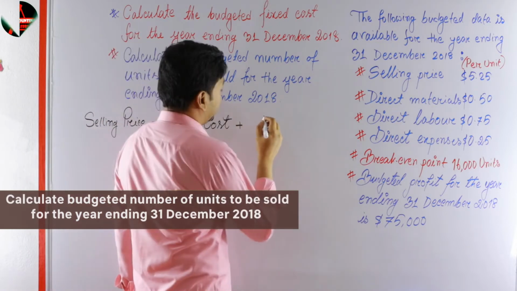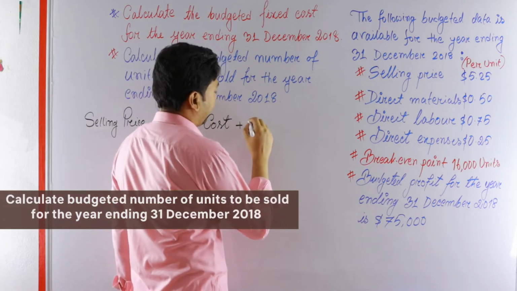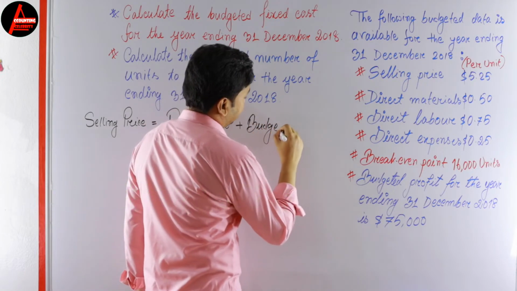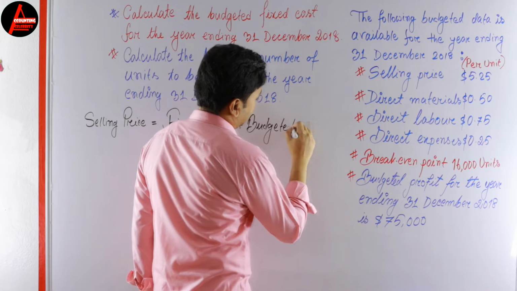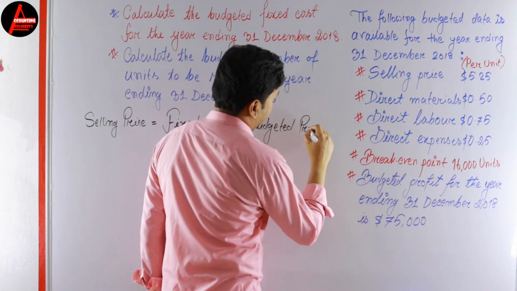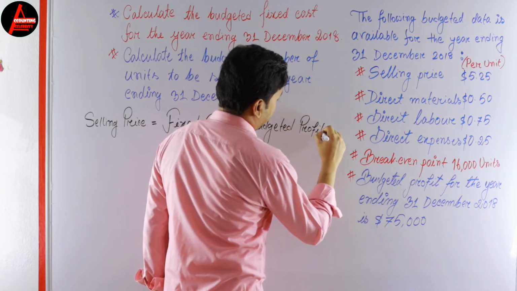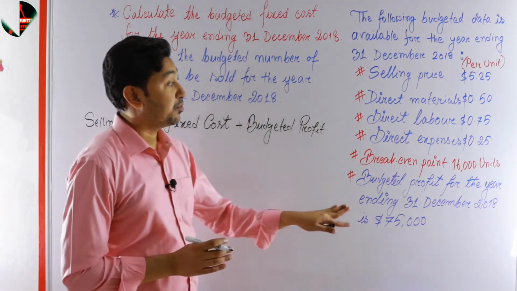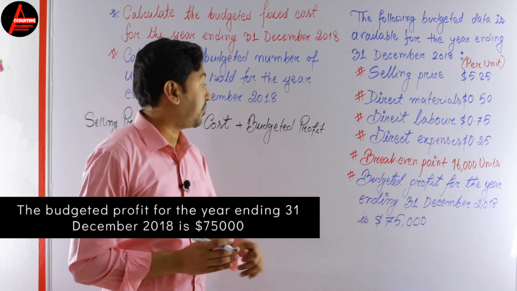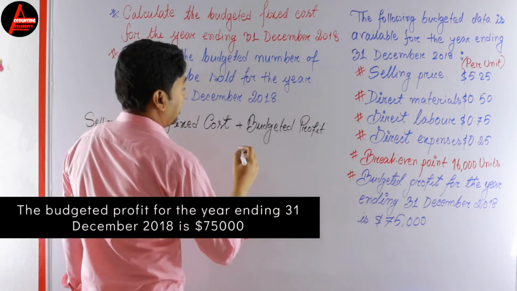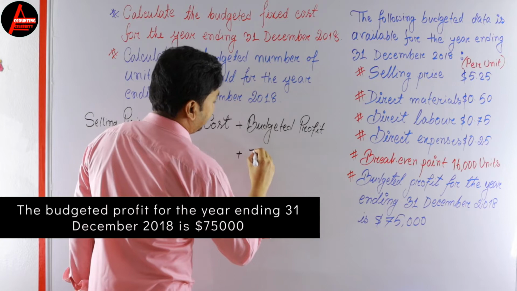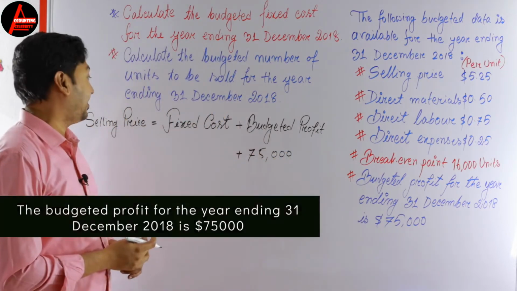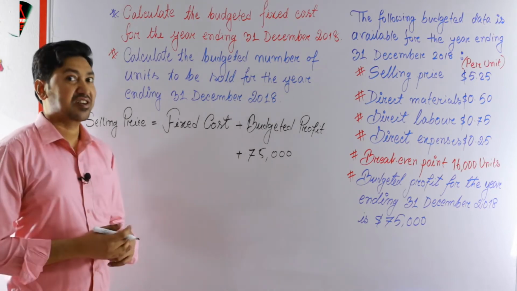Yeah, so it is budgeted profit or profit, whatever you write. So let us write here budgeted profit. Okay, so we can see here we have budgeted profit which is $75,000. So let us write here $75,000. Okay, now we need fixed cost.